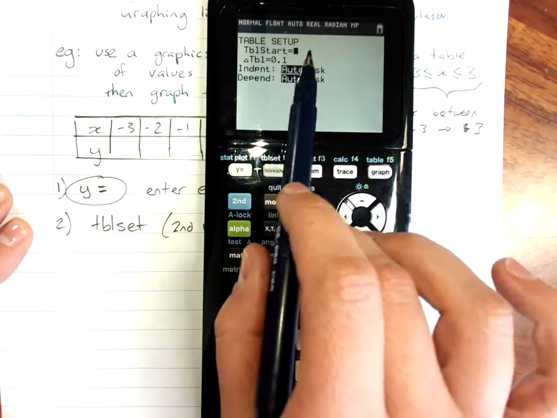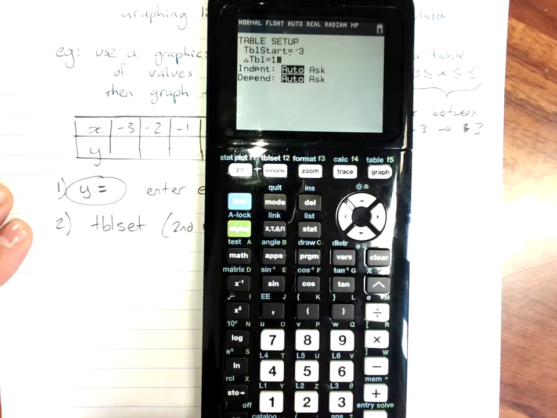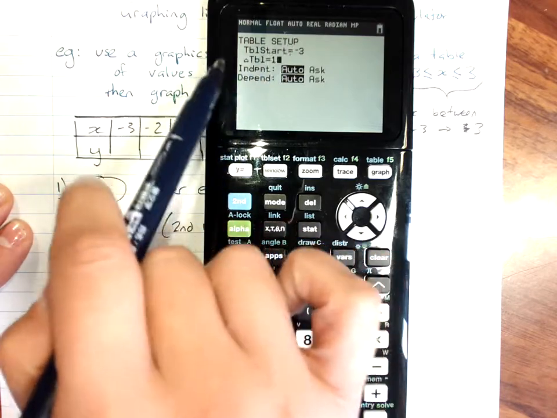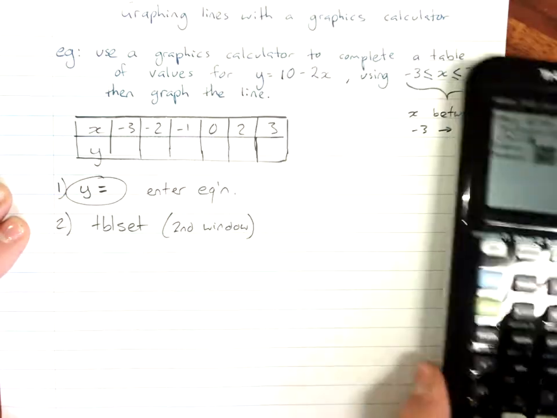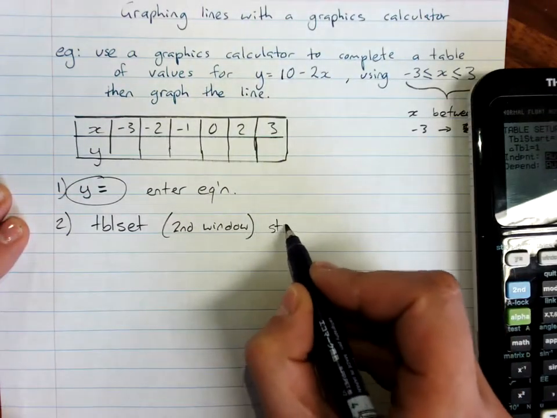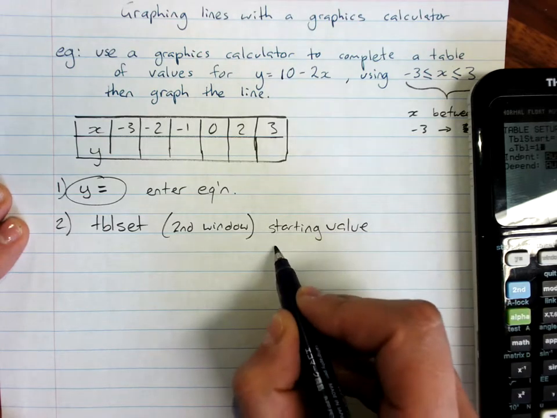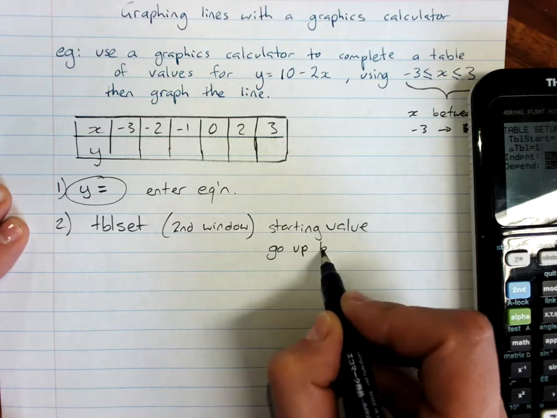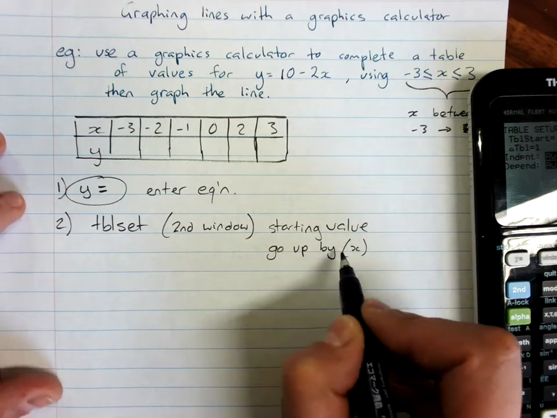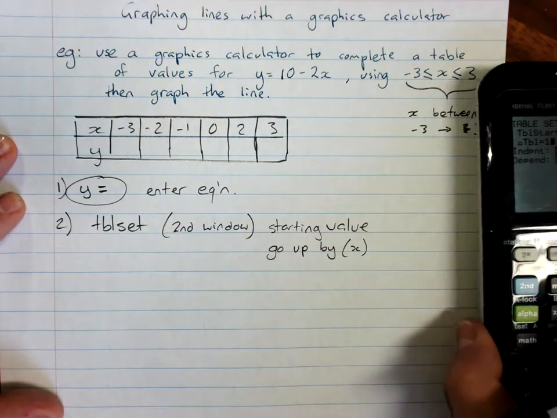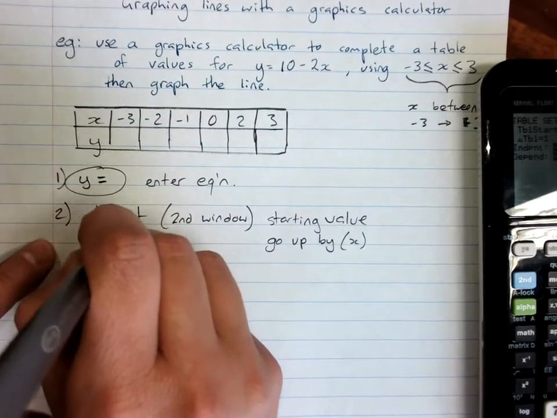We're starting our table for this one at -3, and I want my table to go up by 1. So this is just how I want to design my table of values. You'll give it the starting value and how much to go up by for x. That's usually going to be 1, but sometimes you'll want 0.1 or something like that. So table set just sets up a table of values.